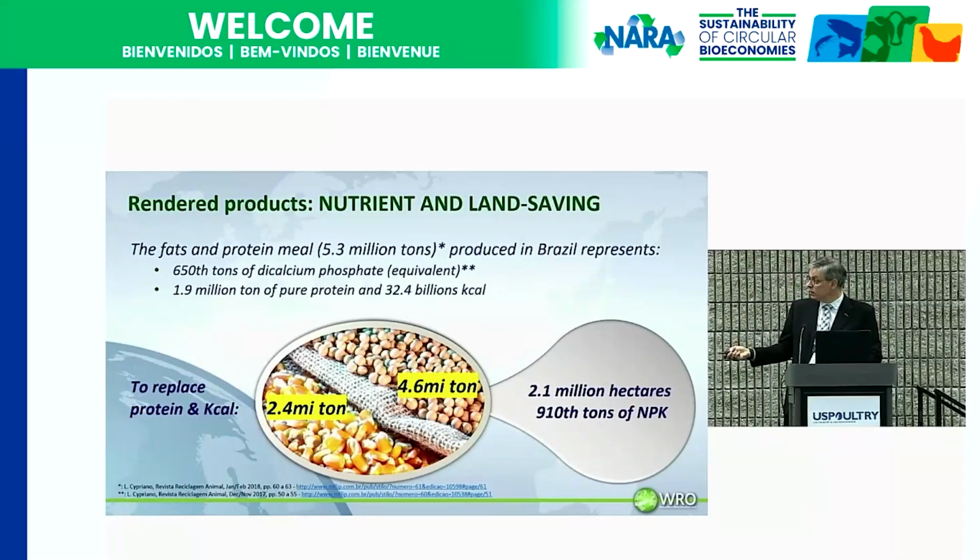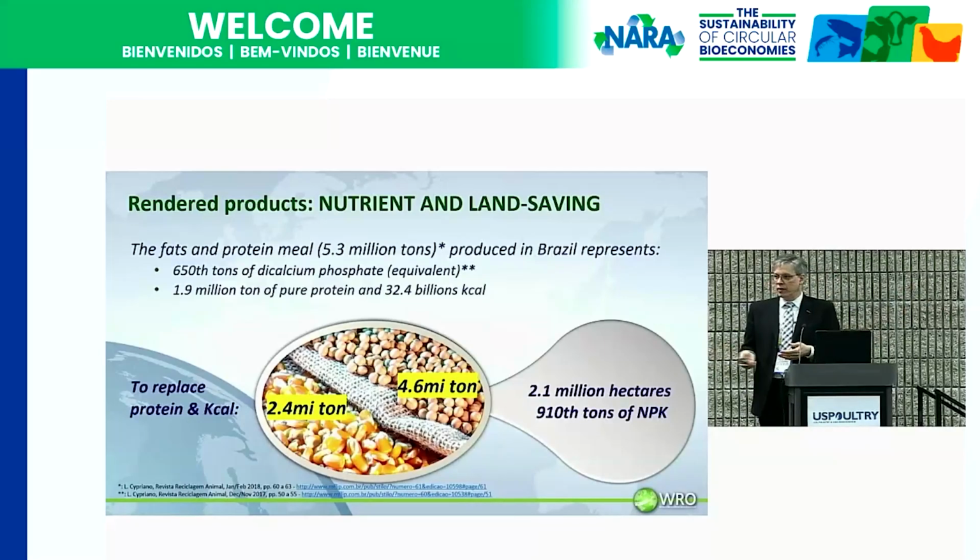It means 2.1 million hectares and 900,000 tons of NPK. We are saving it. It's not being produced. We are saving land. We are lowering what they call land use change.